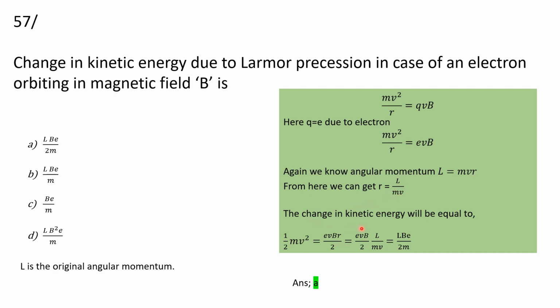So the change in kinetic energy will be equal to half mv square. So from here we can get that half mv square will be equal to evBr by 2. So by putting the value of r here, we can find the final result LBe by 2m. So here the correct option is option A, that is LBe by 2m.